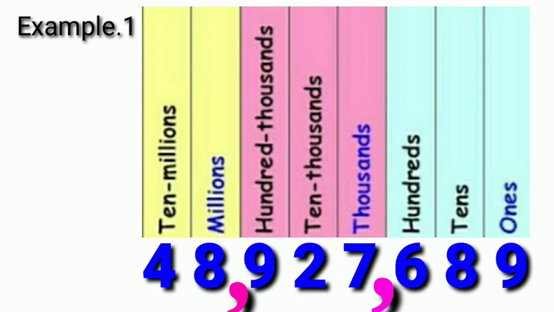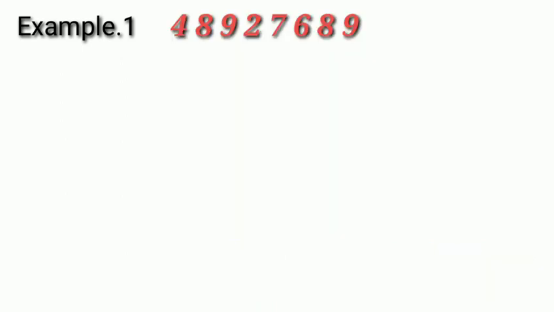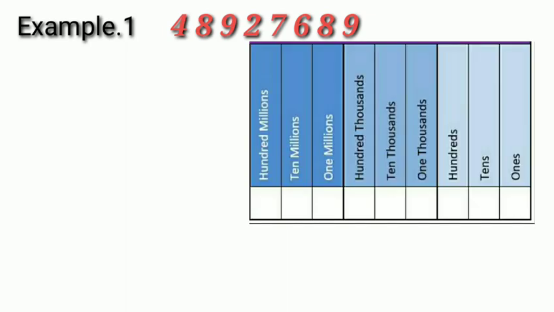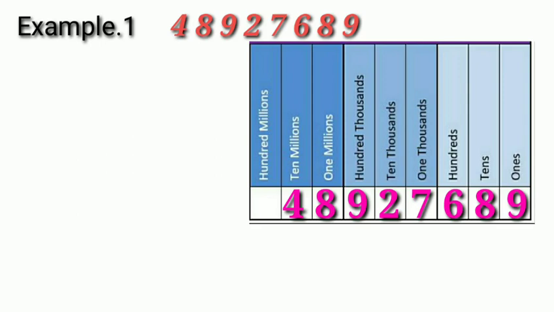Okay. So, shall we take place value chart? Write the number in place value chart. Okay. See here. What is the number in the place of million? 48. Okay. In thousands place, 927 is there. That means 927,000.